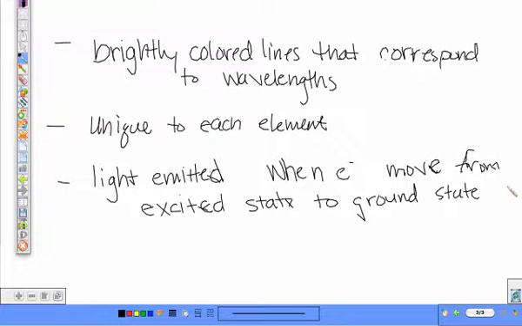So it has to absorb energy of some form by heat or electricity, move to excited state, and then when it drops back down, it's going to release light.